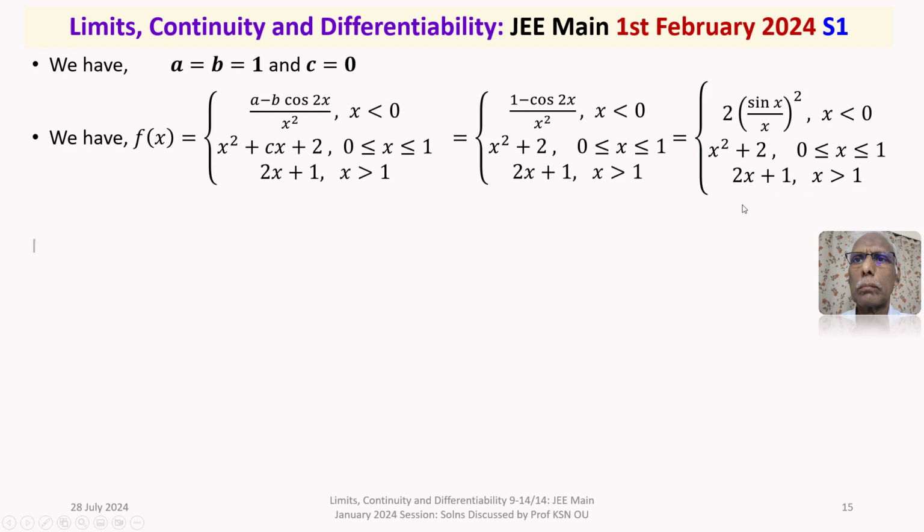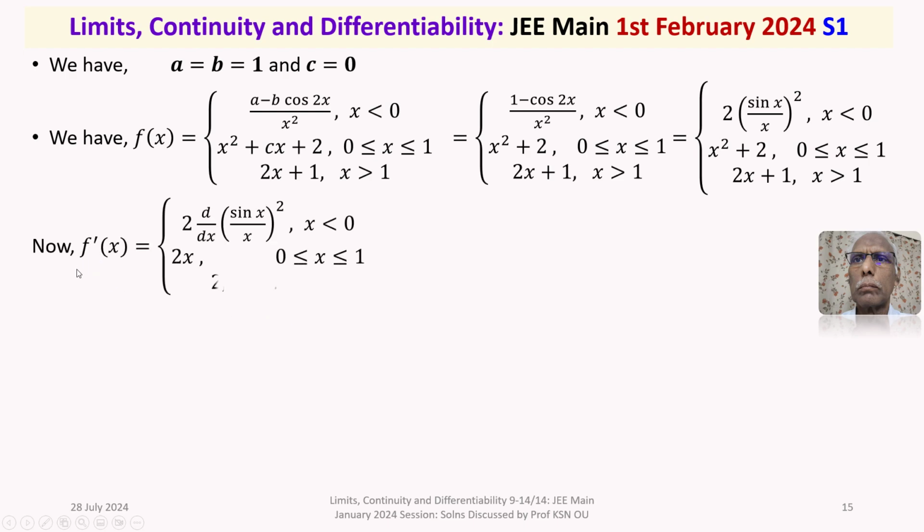Right. Now take the differentiation. F prime x is equal to 2 times d by dx of (sin x by x) whole square, and the differential of x square plus 2 is 2x.